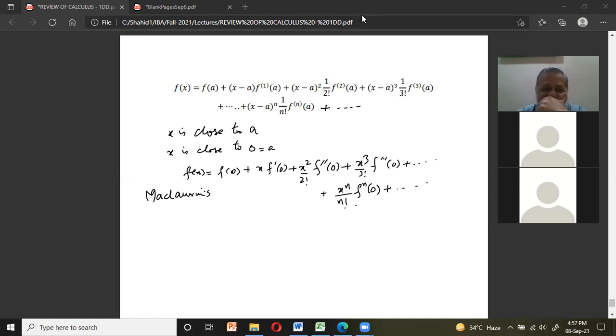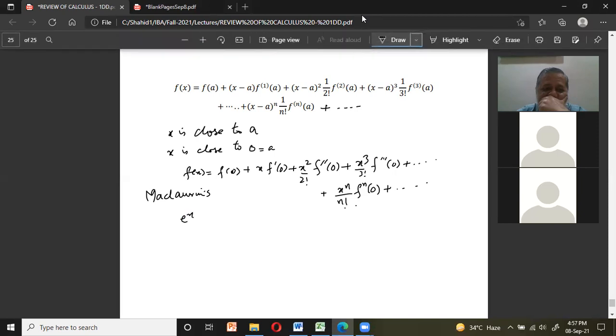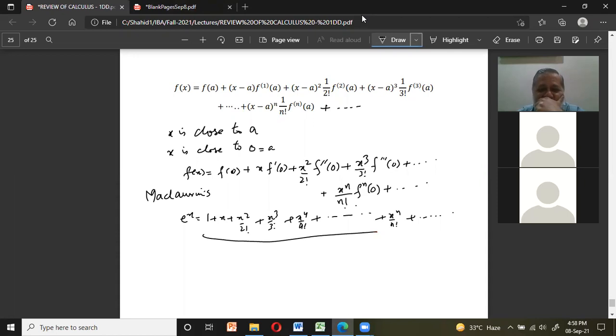Because my question: e power x is equal to 1 plus x plus x square by 2 factorial plus x cube by 3 factorial plus x4 by 4 factorial and so on, x n by n factorial, indefinite. Where does this expansion come from? It comes from here.